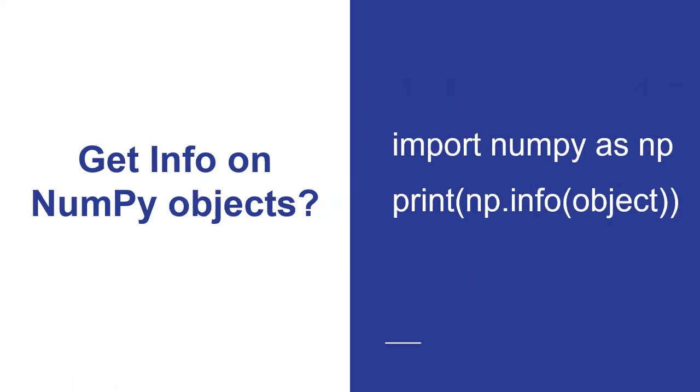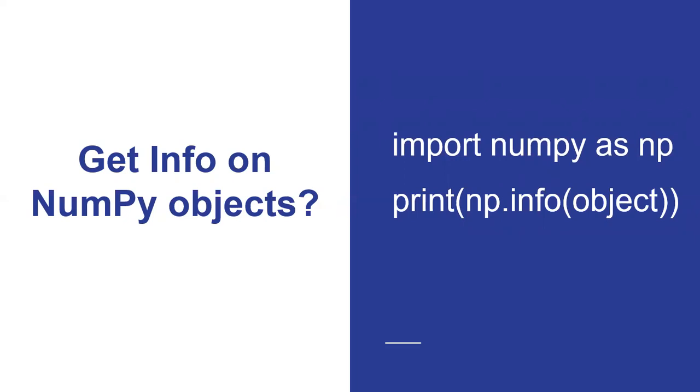Get info on NumPy objects. Import NumPy as np first, and then you say np.info(object). Earlier we were showing you the help on np itself, but now on certain objects: once you define an array to be an object, then you can get this info on it.